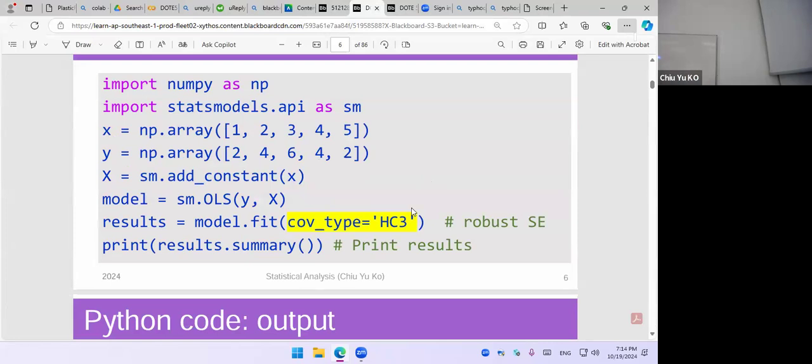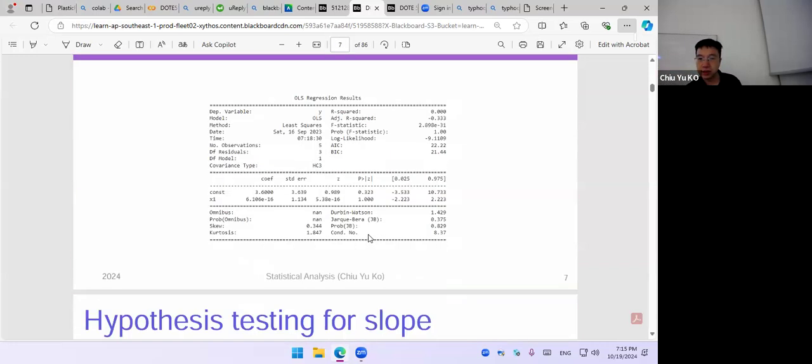We can use HC, heteroscedasticity-consistent. Usually you can use HC1 or HC3. The textbook tells you HC1, and I think in economics we usually use HC3, but the difference is very minor, so don't worry about that. So this is the same regression, but I use covariance type HC3. Just input an option there, and when you run it, I'm not going to copy it, but you can try at home. It will tell you HC3 is here.